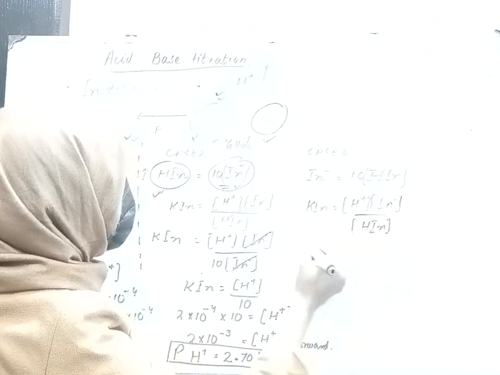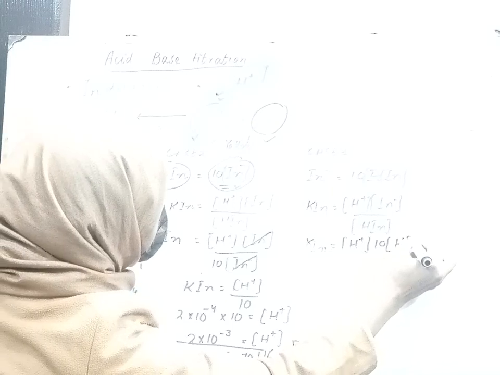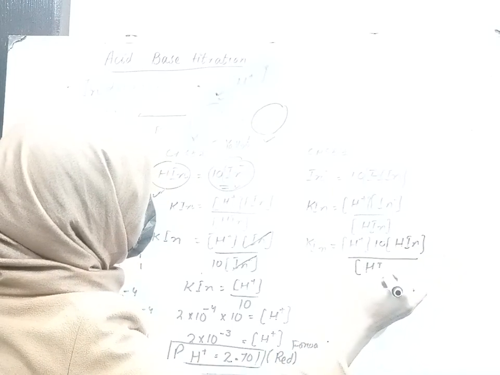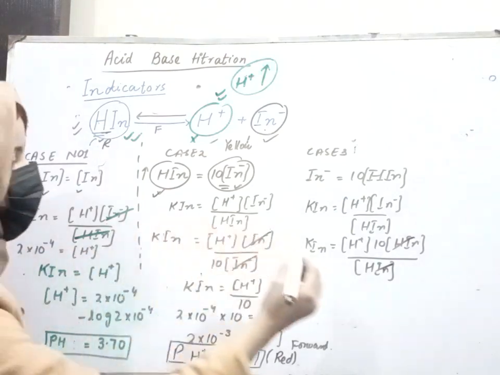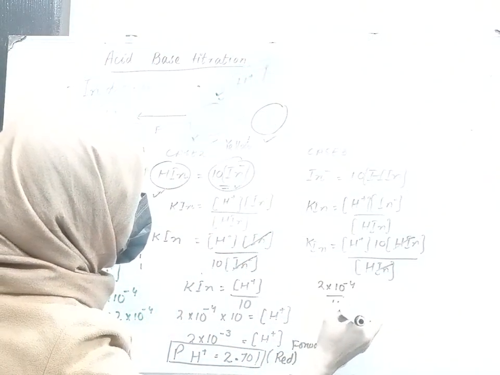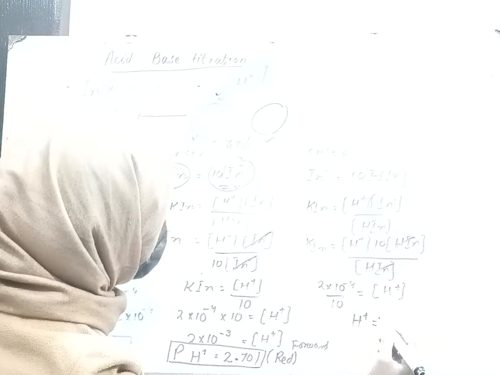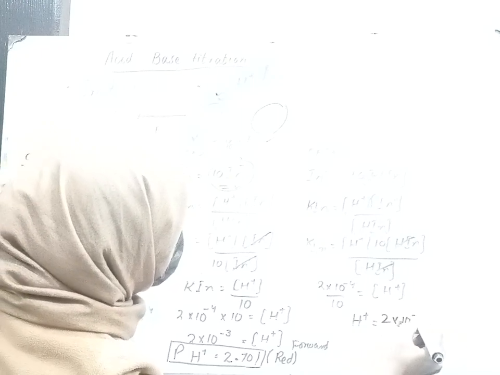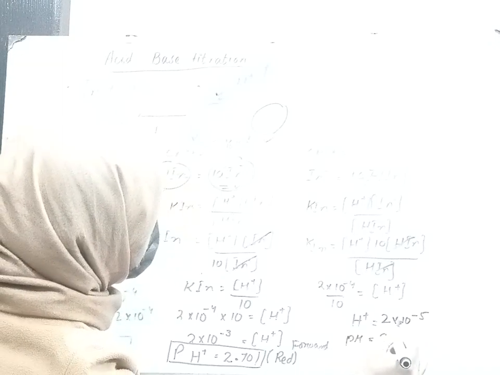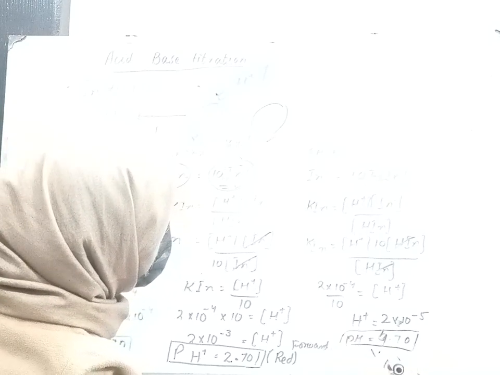Instead of In negative, you will write 10 times HIn. So it will be 2 times 10 to the power minus 4 divided by 10, H positive, which will equal 2 times 10 to the power minus 5, and the pH will be 4.70, and the yellow color will be predominant.